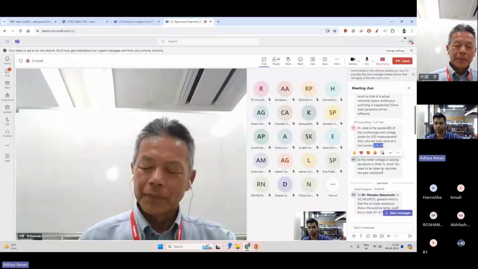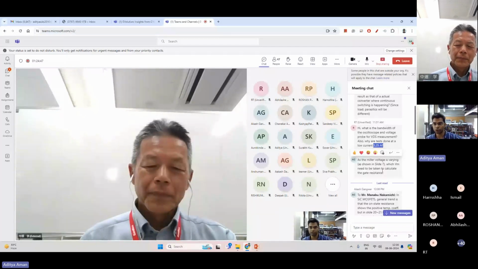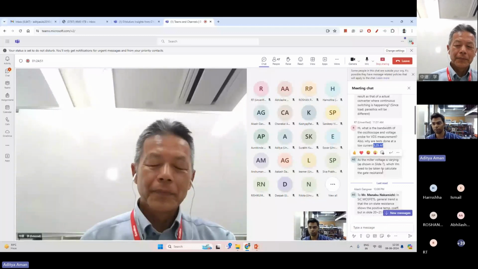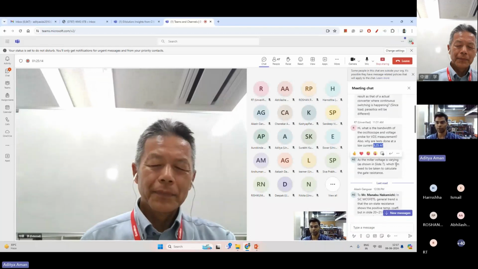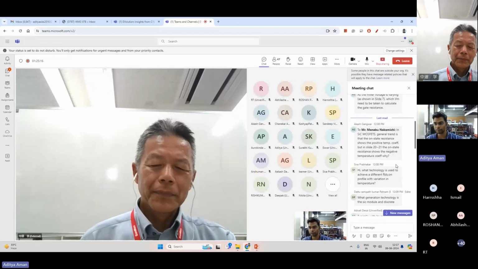So the listener is right in mentioning that the slope was having some slope, and you have to take the mean value of that Miller voltage, because you are interested in figuring out what is the mean dV by dt, right? Because the standards were on mean dV by dt. So you try to figure out what is the mean Miller voltage, and based on the same, you proceed with the calculations.